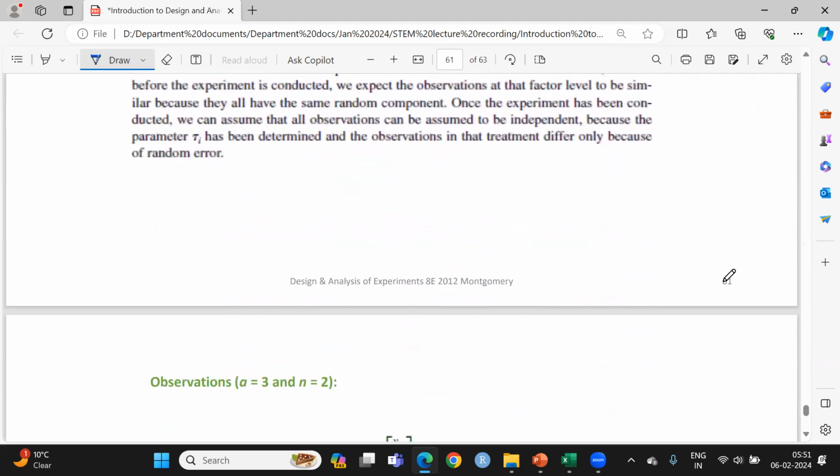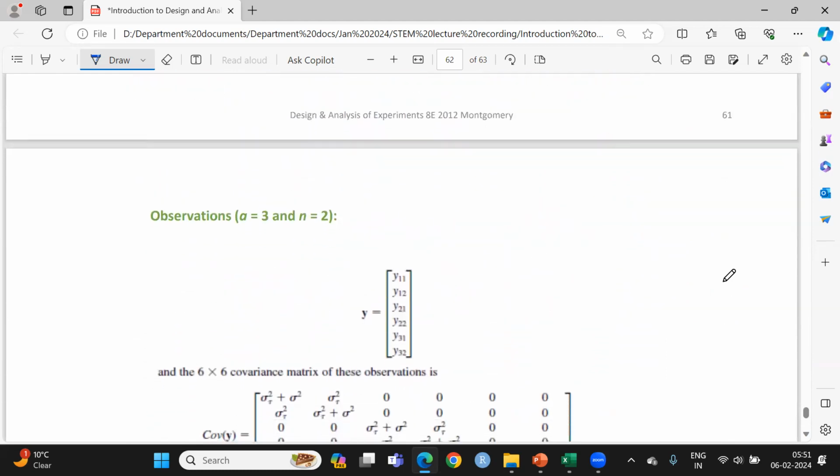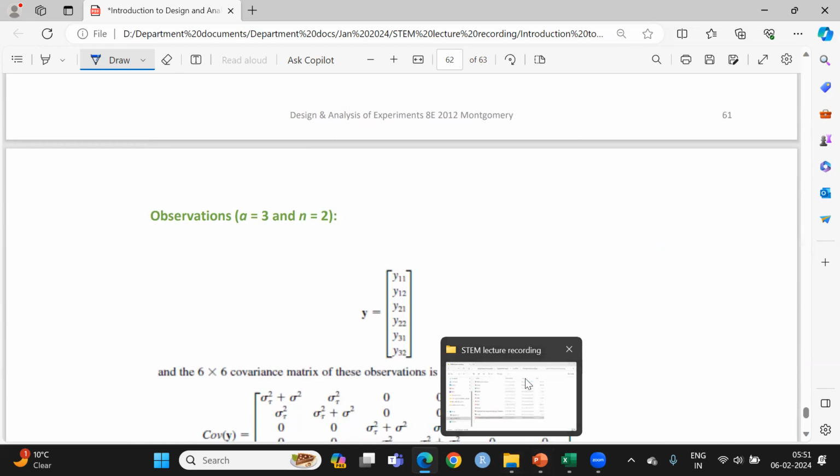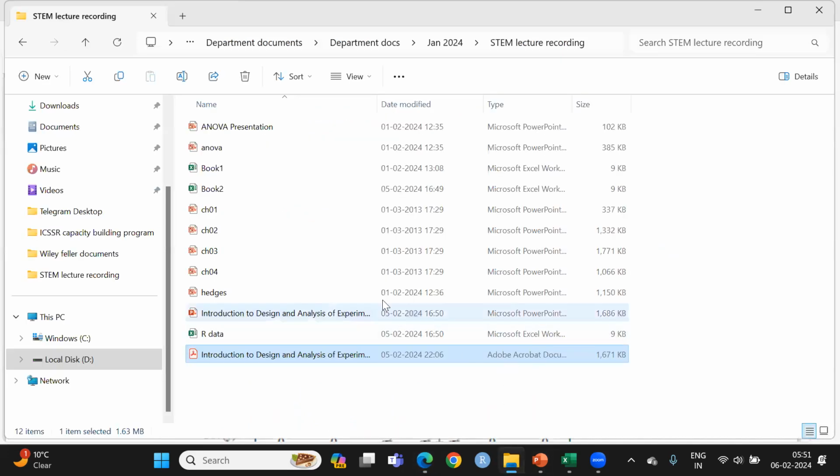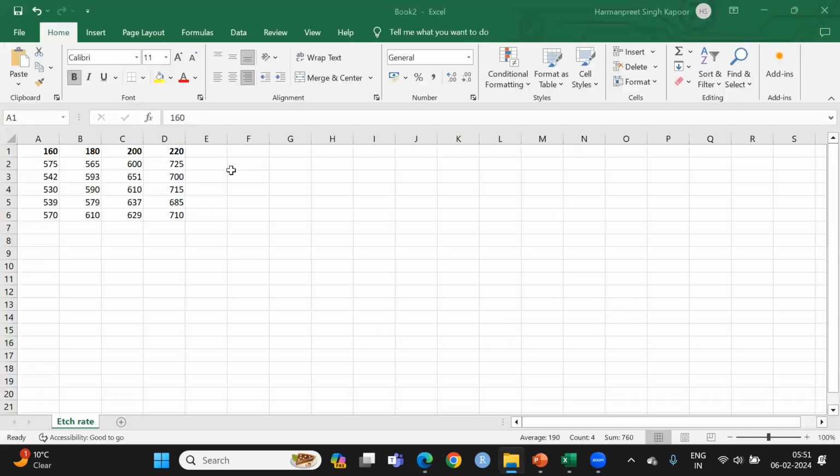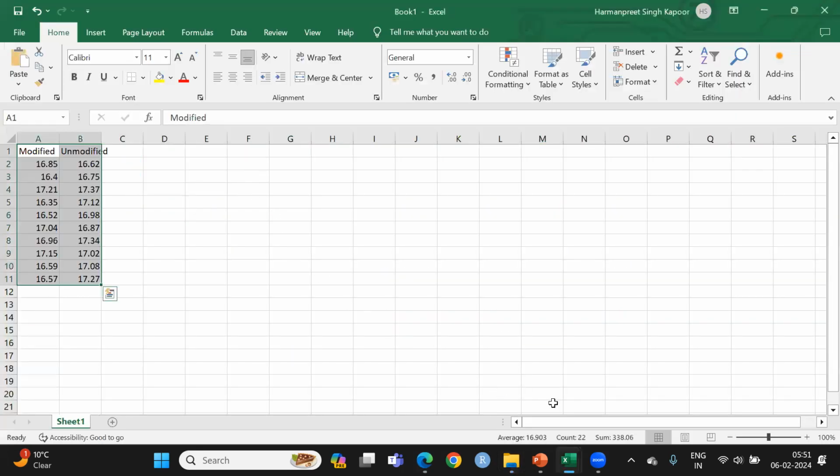Okay, so now I'm going to take two examples. The first example corresponds to the implementation of t-test. In the first example, we have discussed that we have two groups.